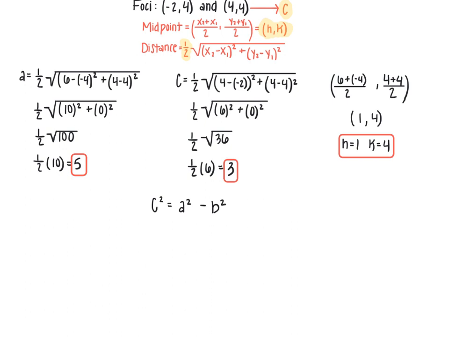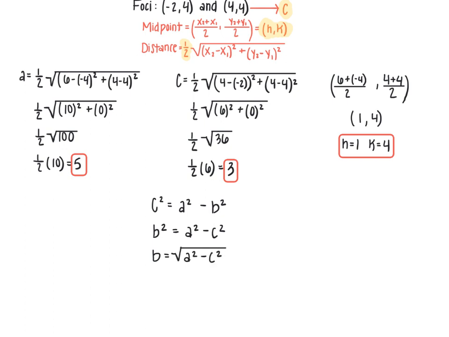So if I'm looking for B squared, I can rearrange this equation, and I can say that B squared is equal to A squared minus C squared. Or I could say B is equal to the square root of A squared minus C squared.